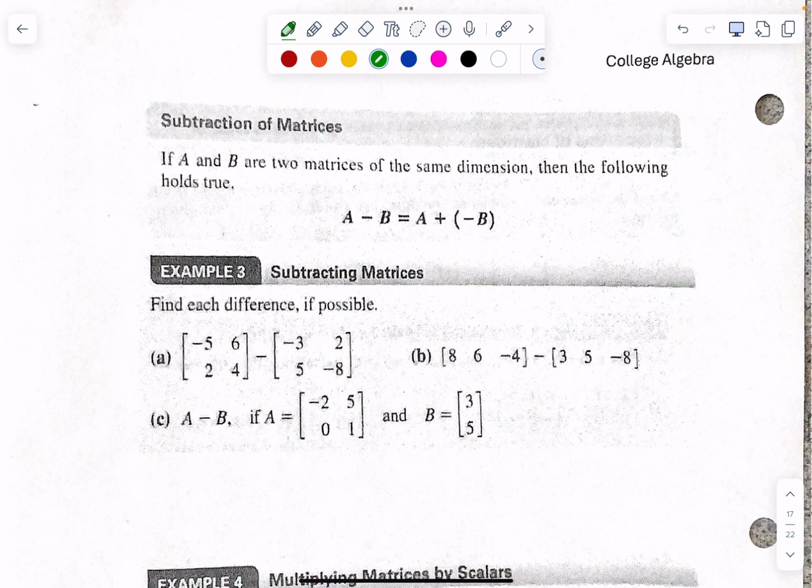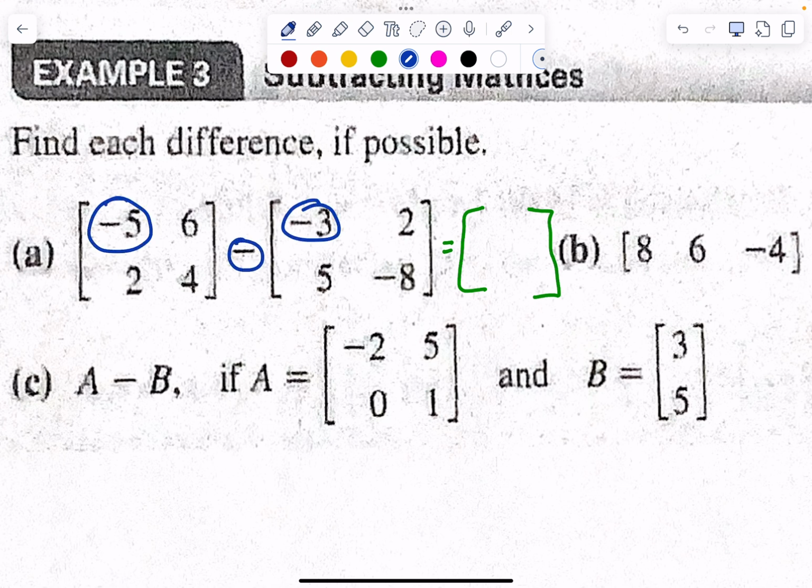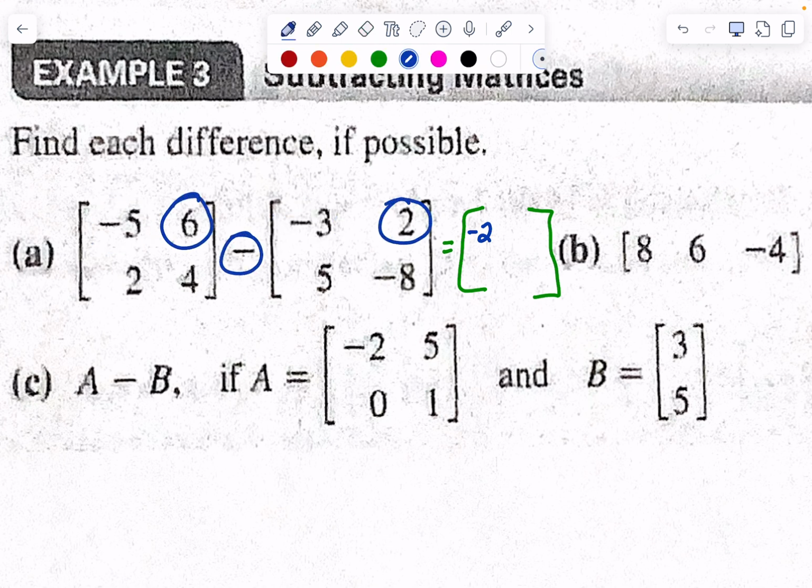Now we're subtracting. Can you do part A? Yes. It's just going to be a 2x2 again, right? But be careful. You are doing -5 minus -3, so it'll be -5 plus 3, which is -2. Next, we've got 6 minus 2, 4.